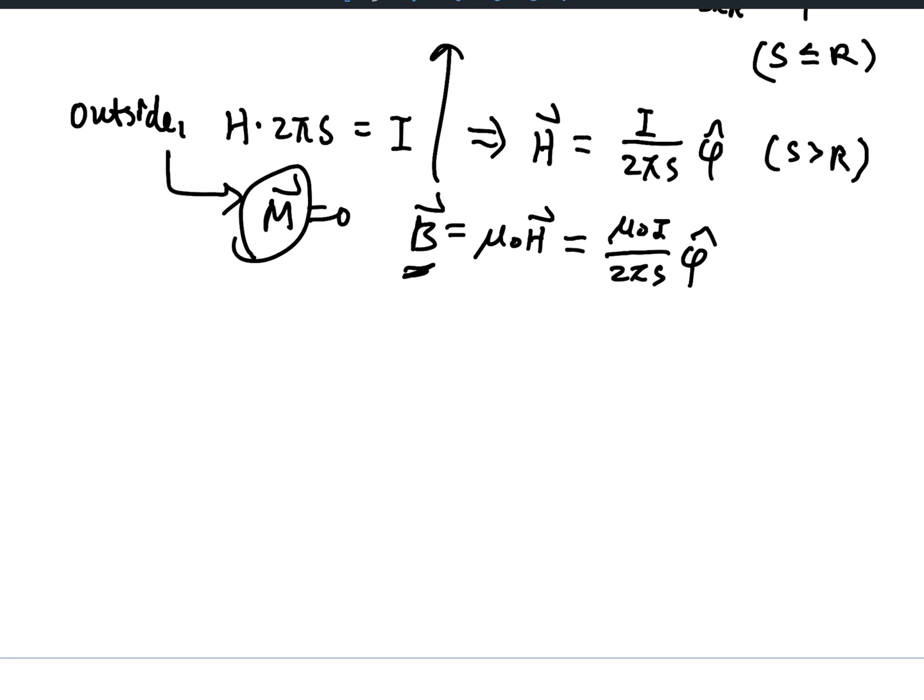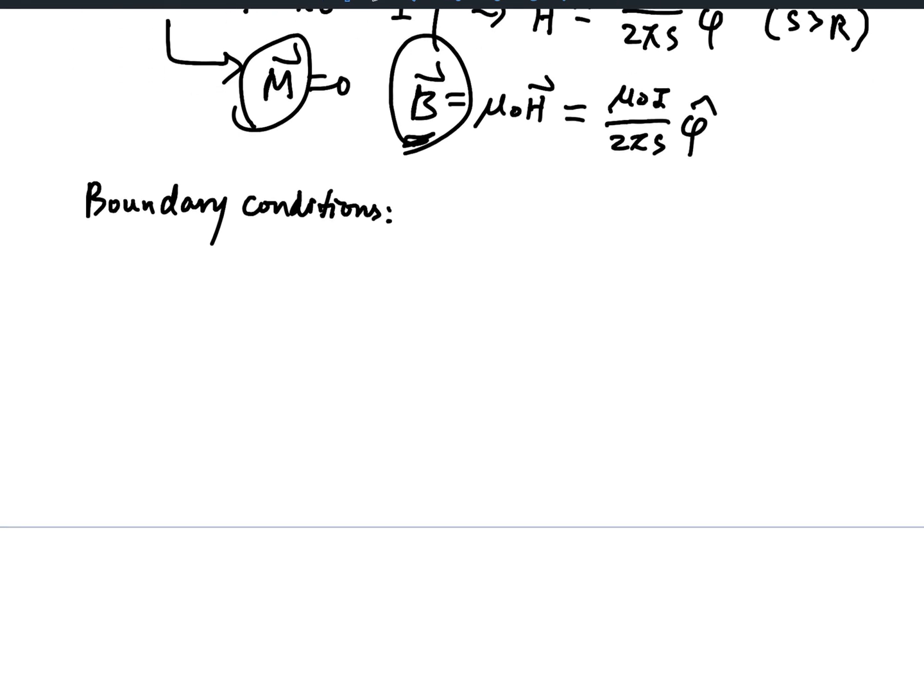Once we have this, of course, like what we did for the magnetic field and the electric field, we also need to consider the boundary conditions. This is very similar to what we had before.